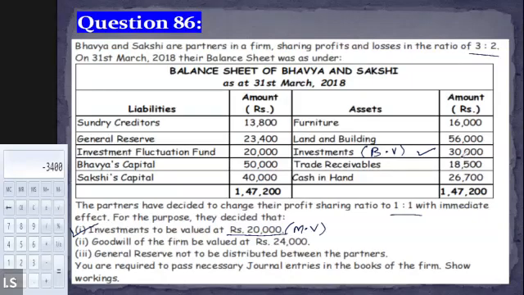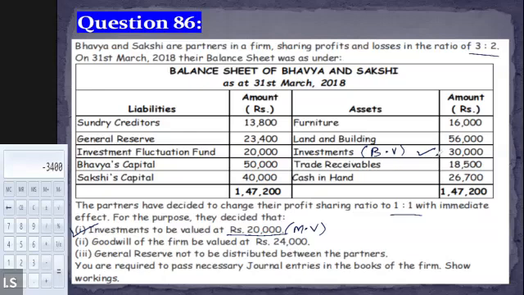And if the market value of the investment is decreasing from 30,000 to 20,000, tell me whether there is a loss or a profit. Loss. And the loss is of how much? 10,000.